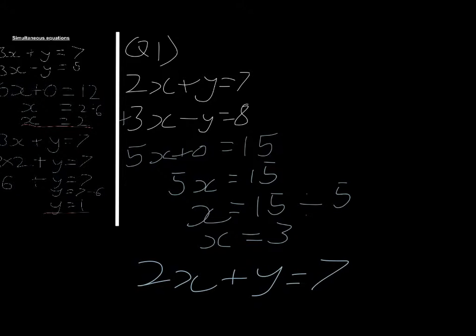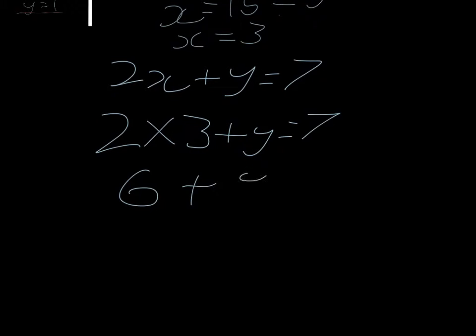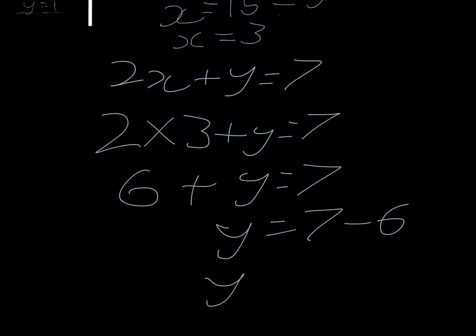And then I'm going to substitute my value of x in, so I've got 2 times by 3 plus y equals 7. 2 3s are 6, plus y equals 7. Move this plus 6 over to the side, so it becomes a minus 6. y is equal to 7, take away 6. y equals 1.